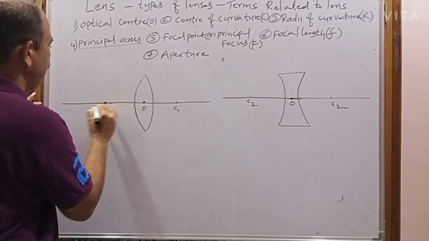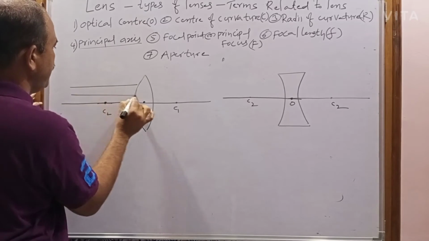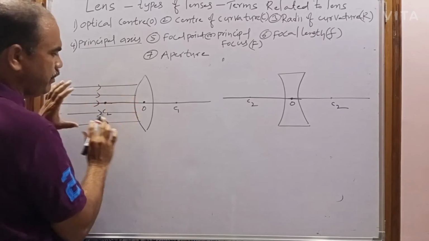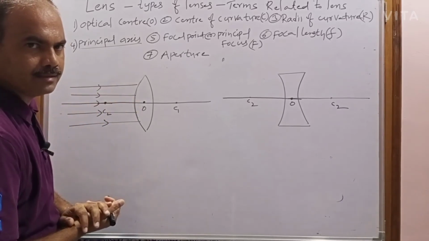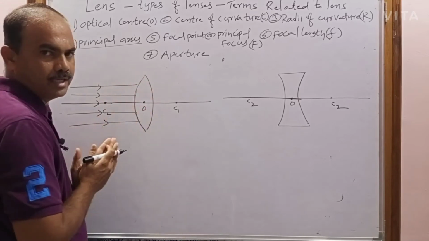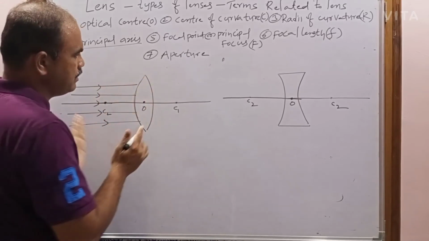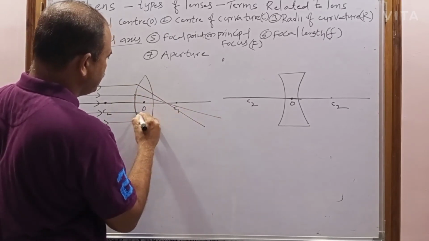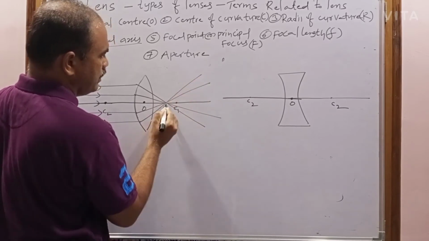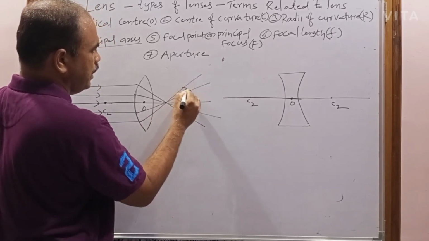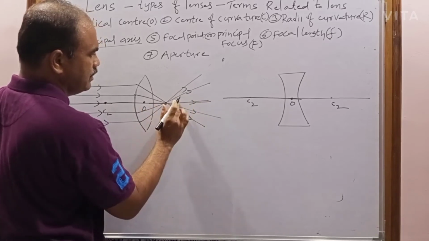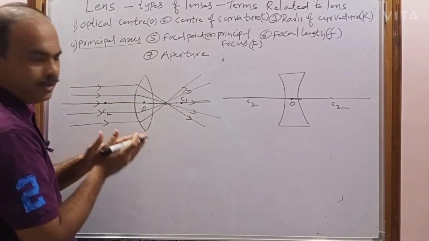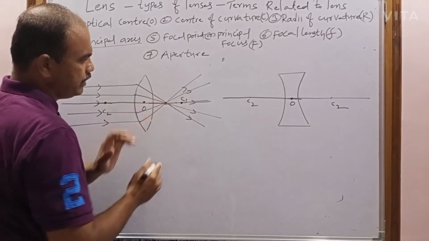Now if I take a parallel beam of light, parallel to the principal axis, and it is incident on the convex lens, after refraction, what happens? All the refracted rays meet at a point on the principal axis.